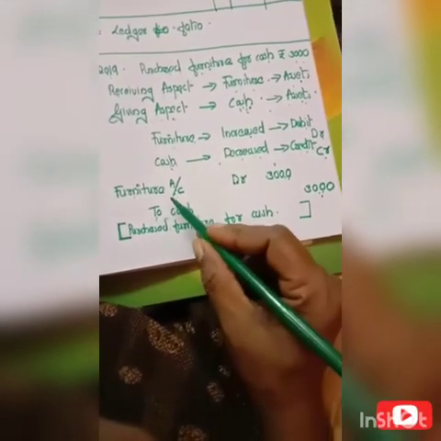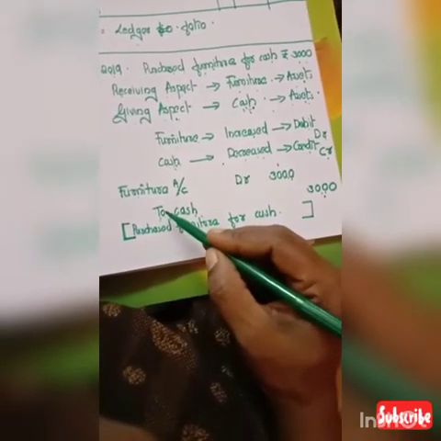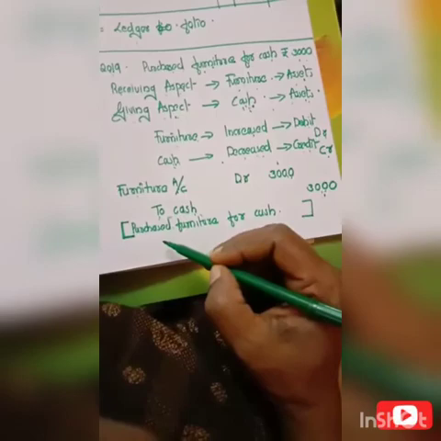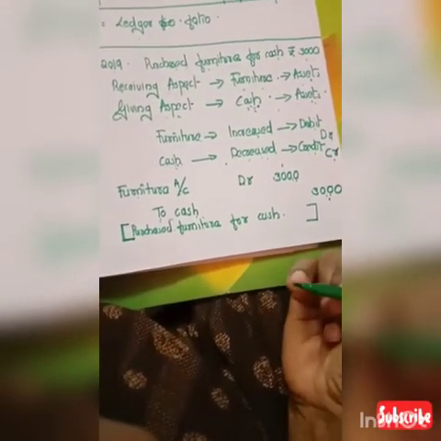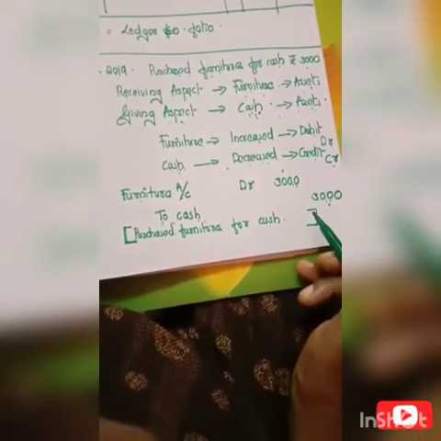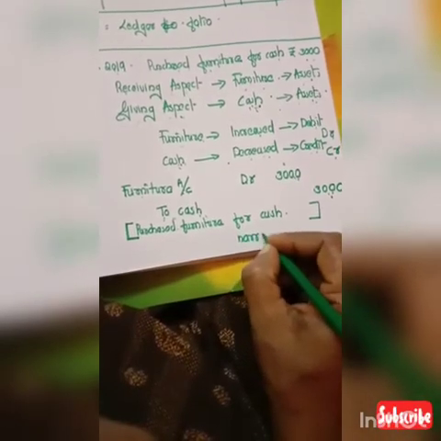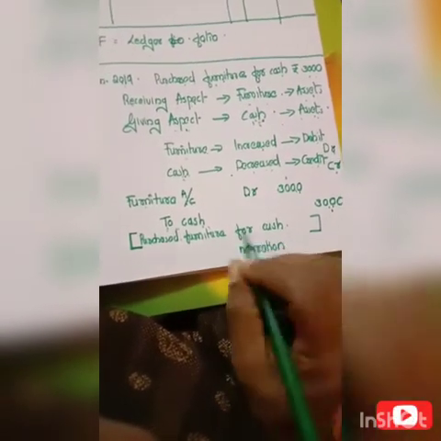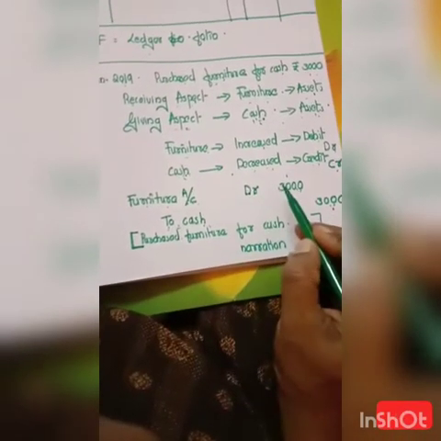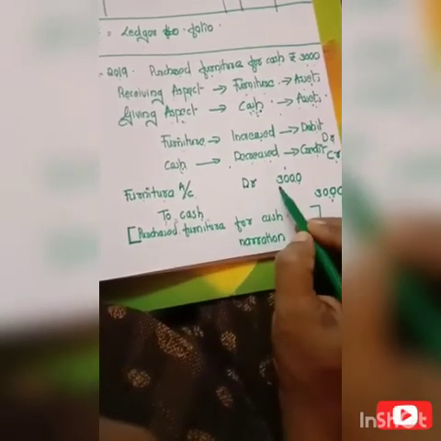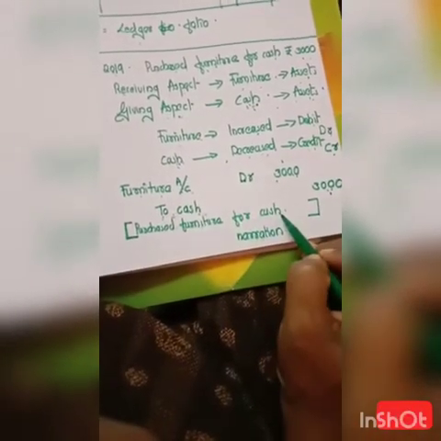After writing each and every journal entry, there is a need for simple and meaningful information about the particular journal entry. That is known as narration. The narration for this entry is purchased furniture for cash.